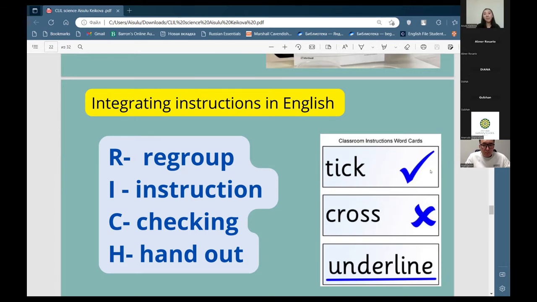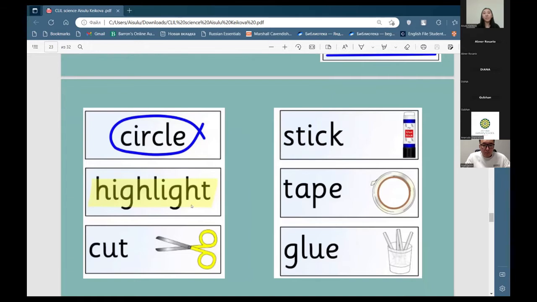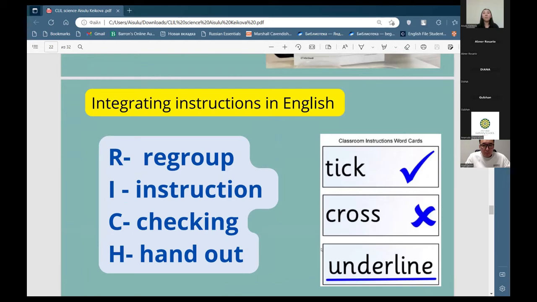For example, tick the right answers, cross the extra one, underline, or even more practical ones: circle, highlight, cut, stick, tape, glue. Posters hanging in the classroom mean children can always look at them and not ask every time we give instructions, but just be gently reminded what they should do.